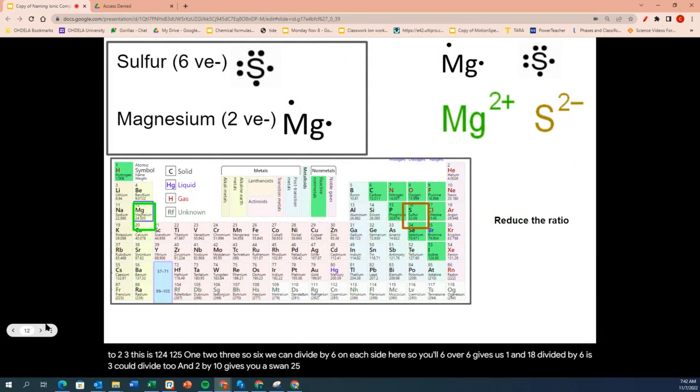All right, so sulfur and magnesium. So sulfur has 6 valence electrons, and magnesium has 2. We reduce the ratio.